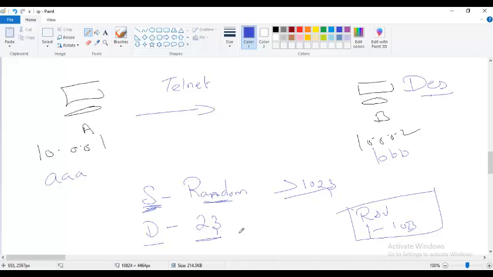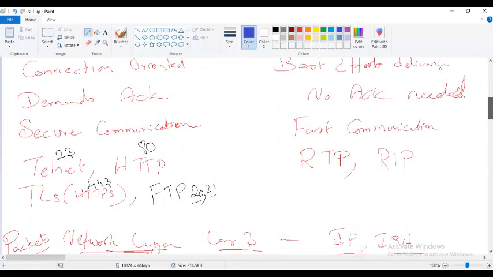Now this is also correct. For example, if A puts port number 80, B understands A is looking for an HTTP session, because I told you above, 80 is for HTTP.